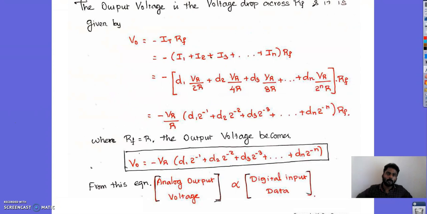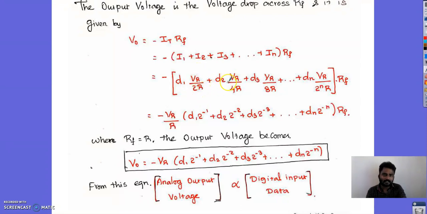The output voltage is the voltage drop across your feedback resistance, and it is given by Vout equals minus total current into RF, which equals minus I1 plus I2 plus I3 plus etc., up to IN, into RF. The value of I1 is the input binary code D1 into VR divided by 2R, that is, voltage divided by the corresponding resistance.